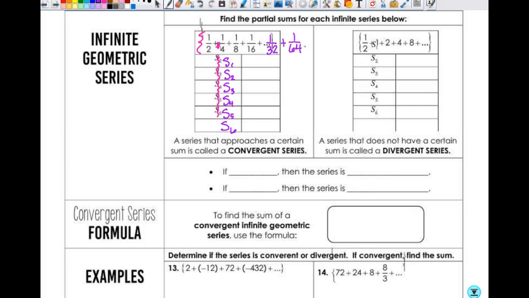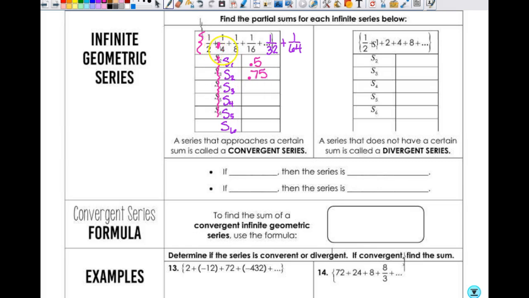The first term, S1, when I just add up the first one, is 1/2, or as a decimal, 0.5. Now add the first two: 1/2 plus 1/4 is 0.75.